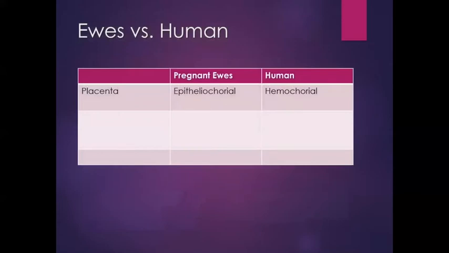If I could digress just a little bit, I want to go through the differences. So in pregnant ewes and pregnant women, there are different placental systems. Ewes have an epitheliochorial system, while humans have a hemochorial placental system. What does this exactly mean?